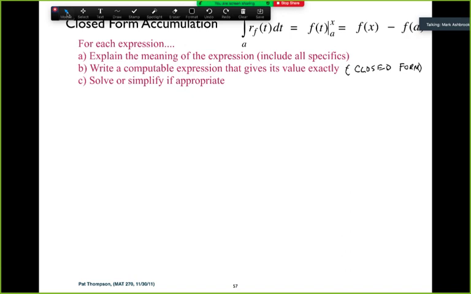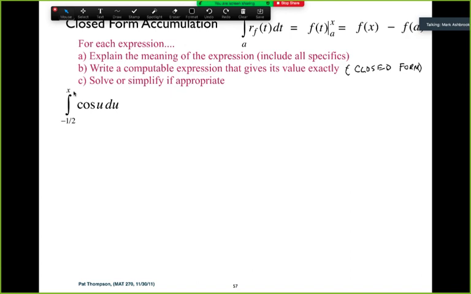So here we go. What's the meaning of this expression? Any volunteers? In this expression, cosine of u du would have been like your m dx. It's like your rate of change. And they want to find the accumulation from -1/2 to some value x.